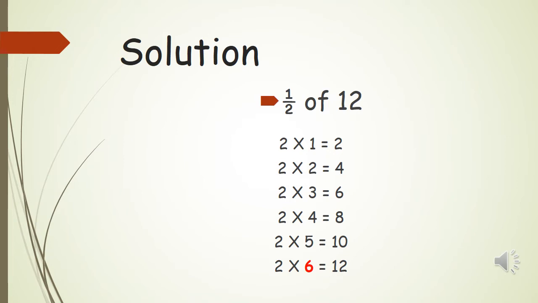So half of 12 is 6. So if I have 12 apples and I gave half of them to mom, mom is supposed to have 6 apples.